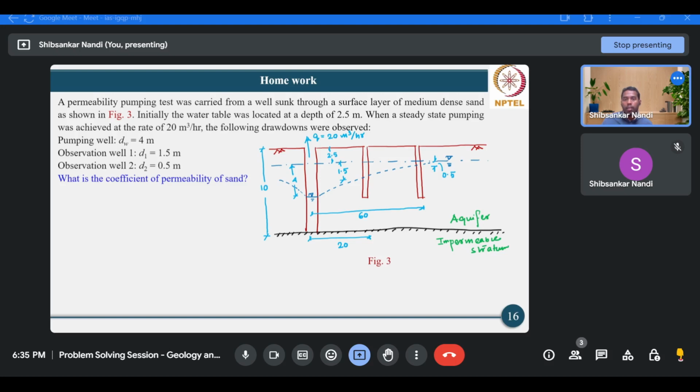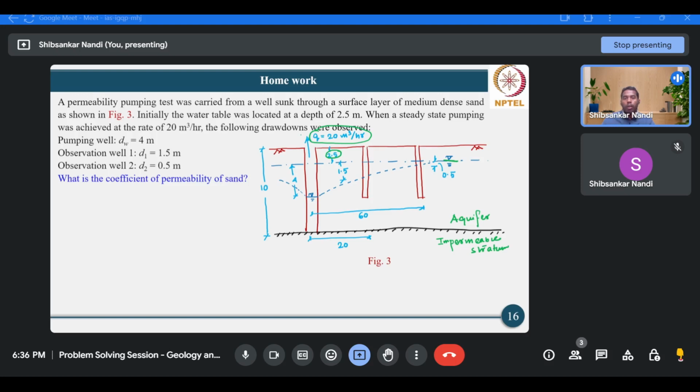Initially, the water table was located at a depth of 2.5 meter, so this is the water table, before the test. Now, a steady state pumping was achieved at the rate of 20 meter cube per hour.